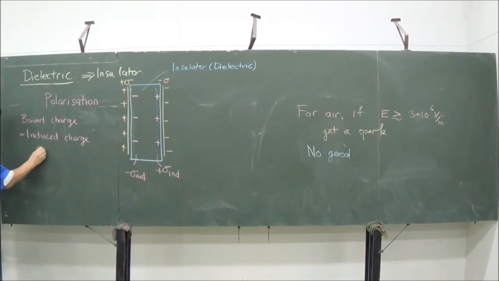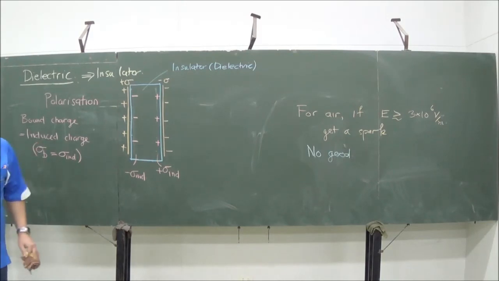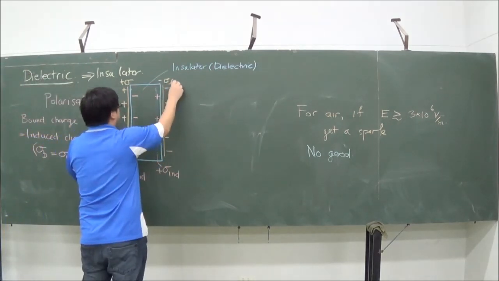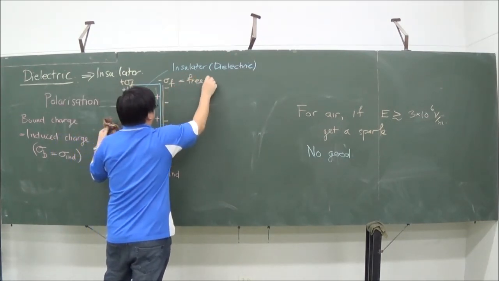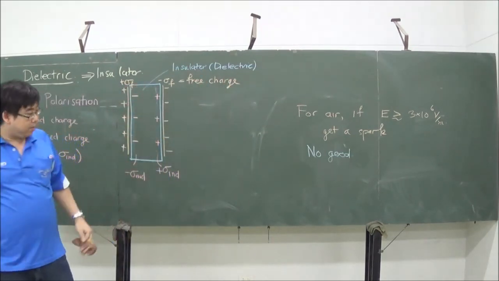So I might use sigma bound or sigma induced. They are the same things here. Apart from this, I have a charge I store on the capacitor, and let's call this Q free, or free charge. And free charge is the useful one.